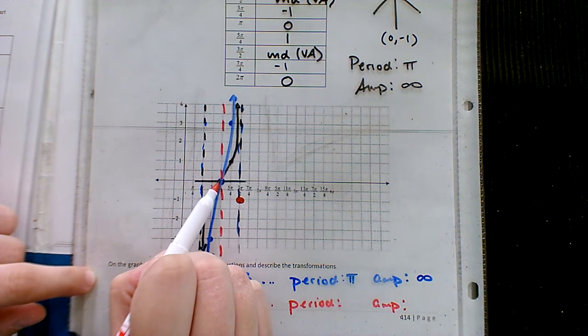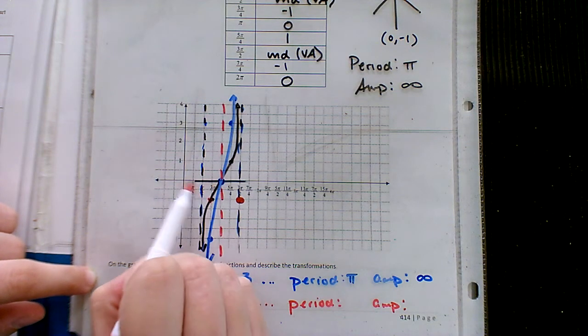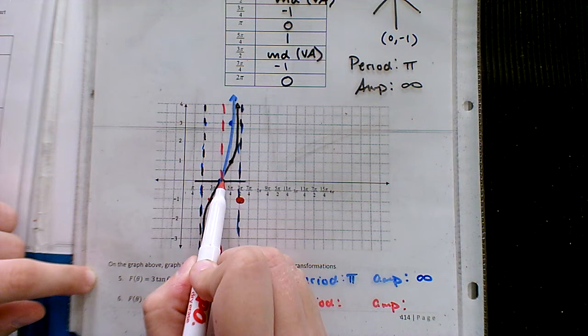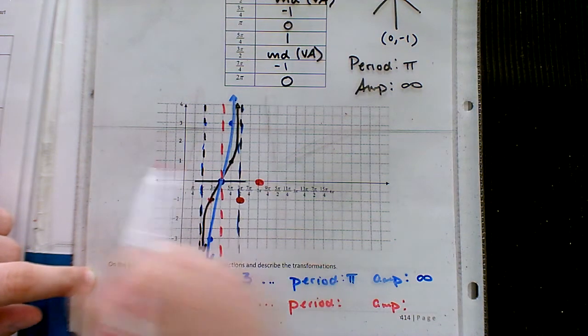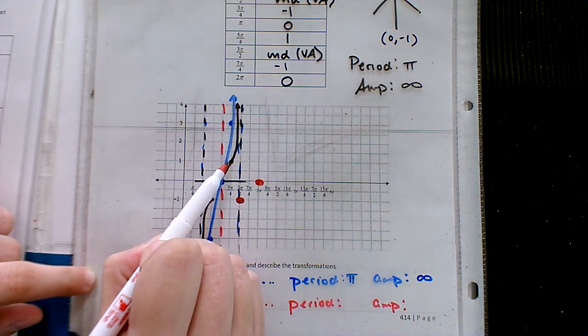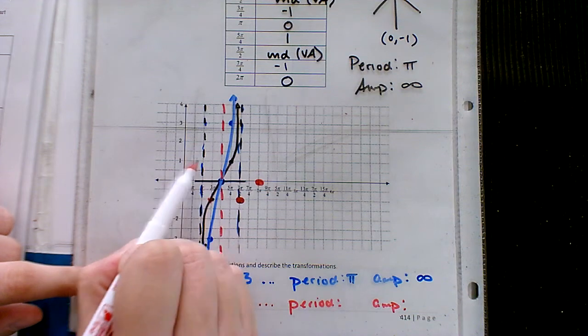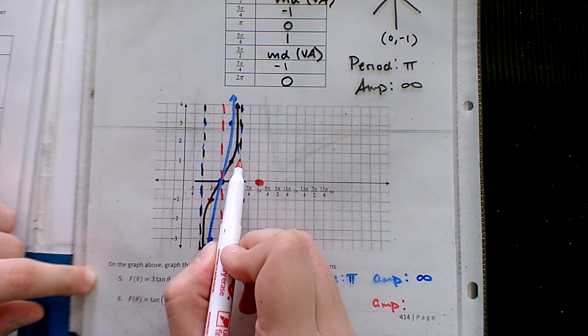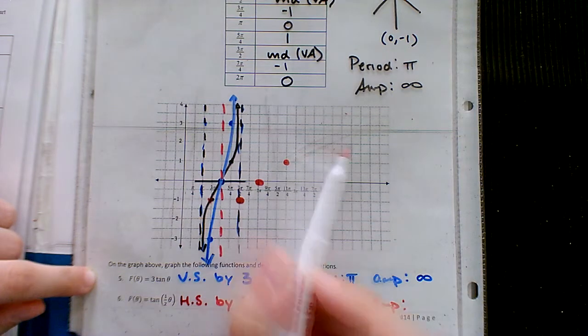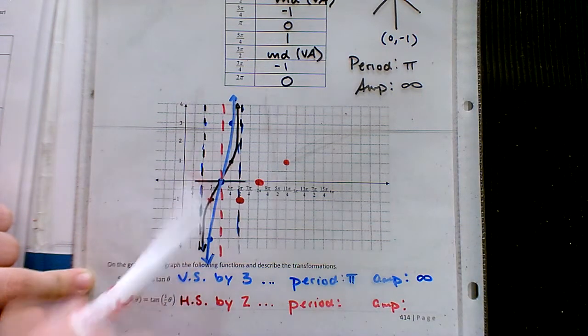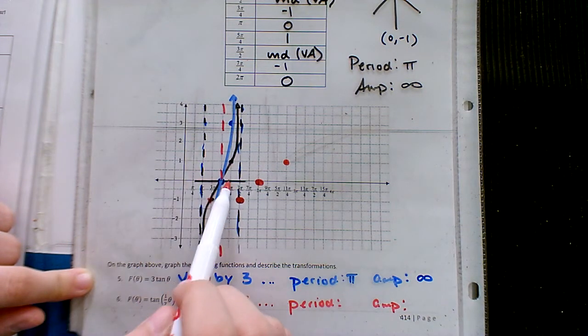The middle point on our black graph was 4 units away. So now it should be 8. The next dot on the black graph was 6 units away, so now it should be 12 units away. And our last asymptote was 1, 2, 3, 4, 5.